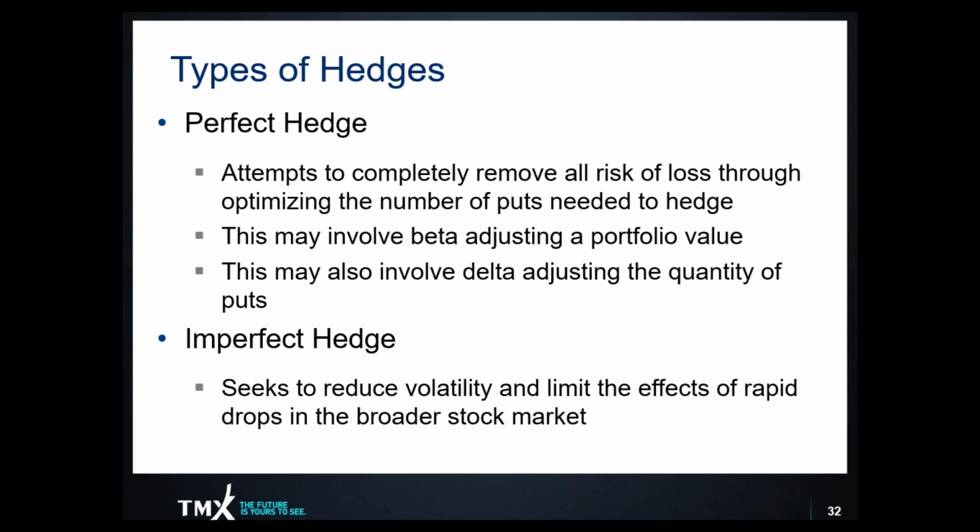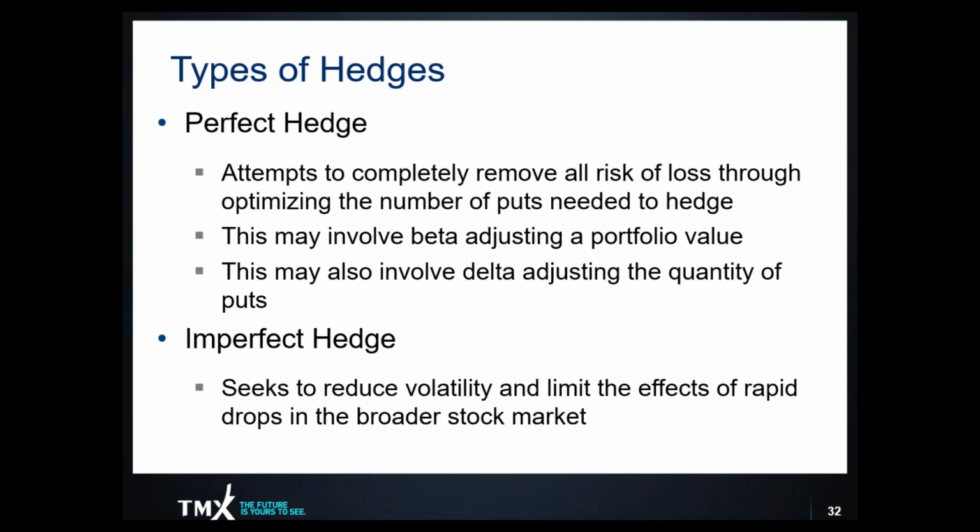It gets a little bit more complex mathematically. In fact, we do have some recordings available on the MX site that talk about beta adjusting a portfolio. Very interesting if you're somebody that's looking at applying a much more broad-based hedging strategy.